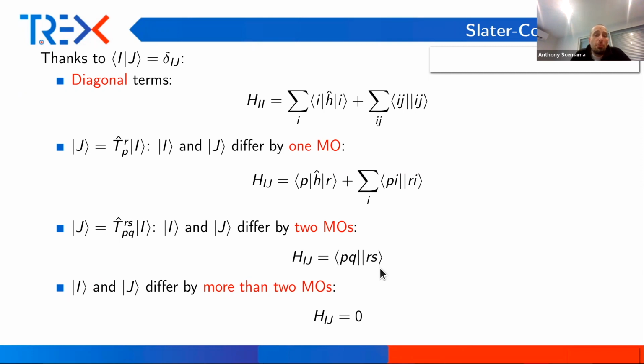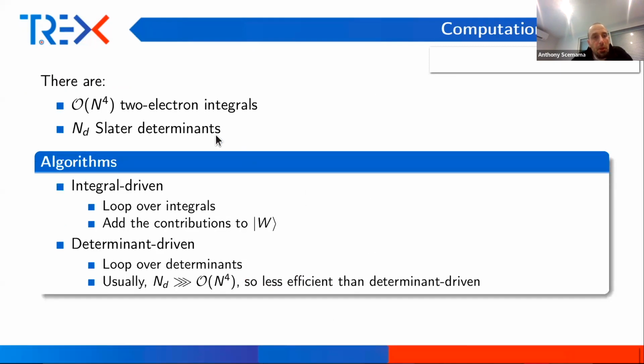You see, there are n to the power 4, where n is the number of different molecular orbitals, because here you have PQRS. And so you have n to the 4 different combinations of these. But the number of Slater determinants, I've shown before that it grows exponentially.